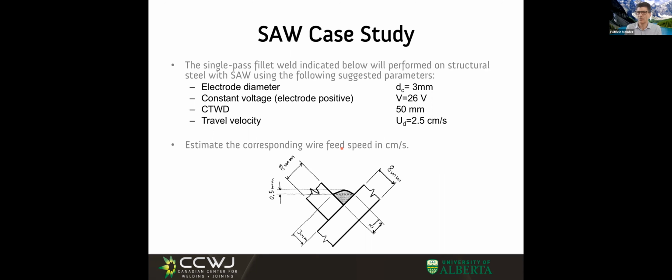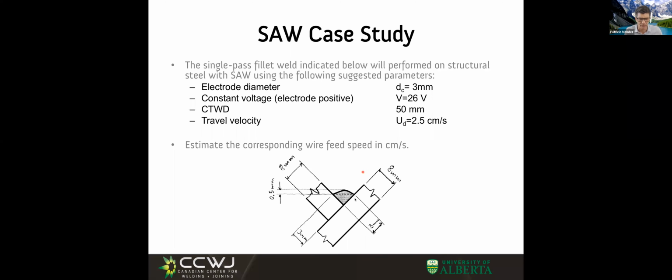And if you know what current you want, because of deposition rate, you would know what wire feed speed you would want. That said, and just for the sake of the exercise, let's use this math we have discussed to predict a wire feed speed in subarc welding.